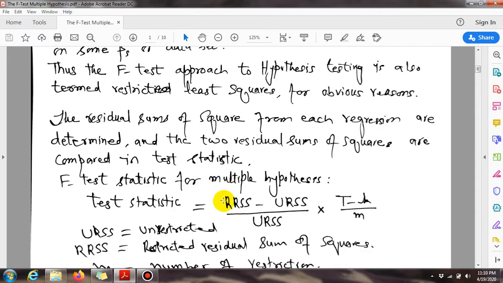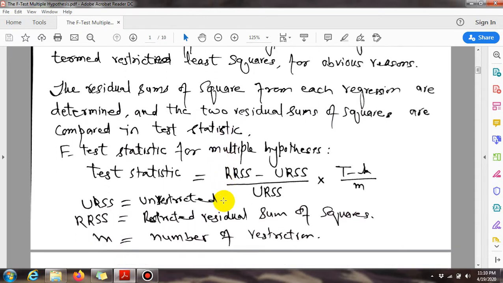So for this purpose, the F statistic formula for multiple hypotheses is: test statistic equals RRSS minus URSS, divided by URSS, multiplied by T minus K divided by m.